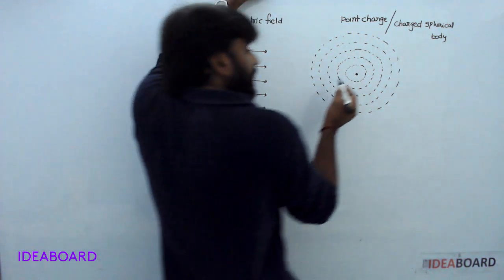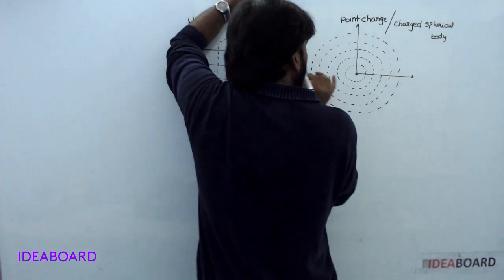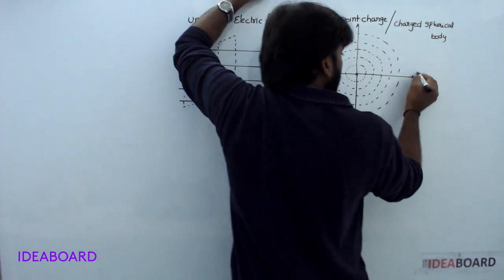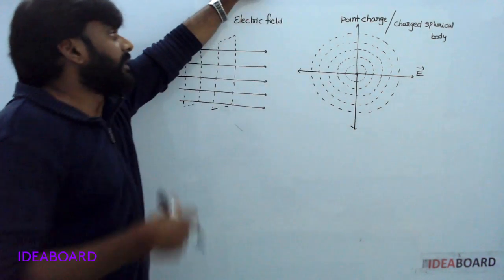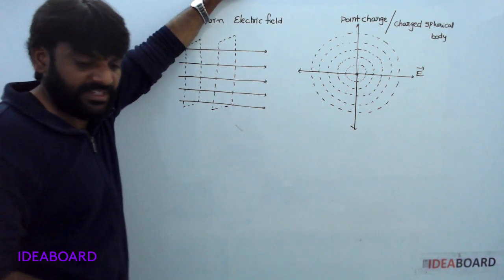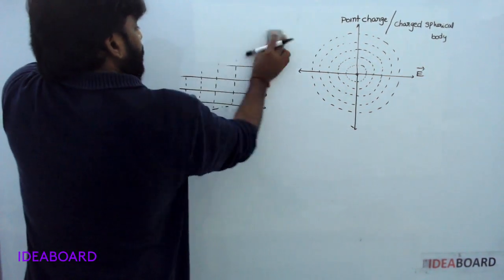Now electric field lines are always normal to the equipotential surfaces. Next, due to a dipole.